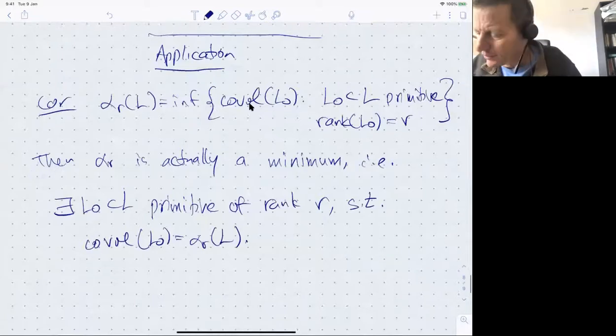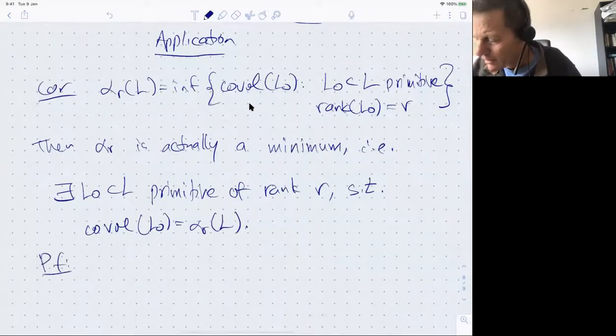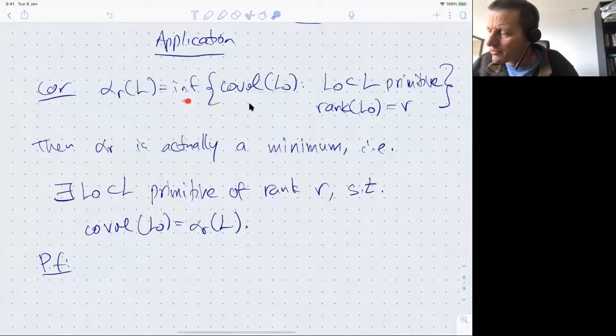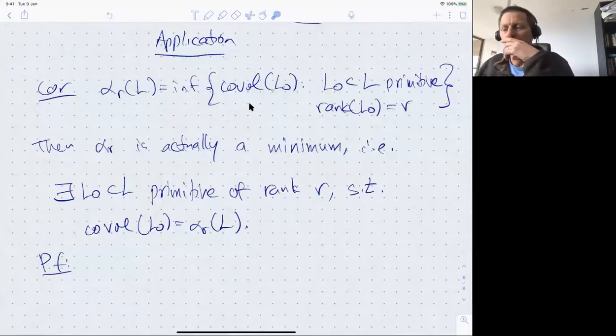Let's prove that. This is a typical application of the Mahler compactness criterion. By definition of this quantity, since it's an infimum, you can find a sequence of these L0s which come closer and closer to realizing this number.